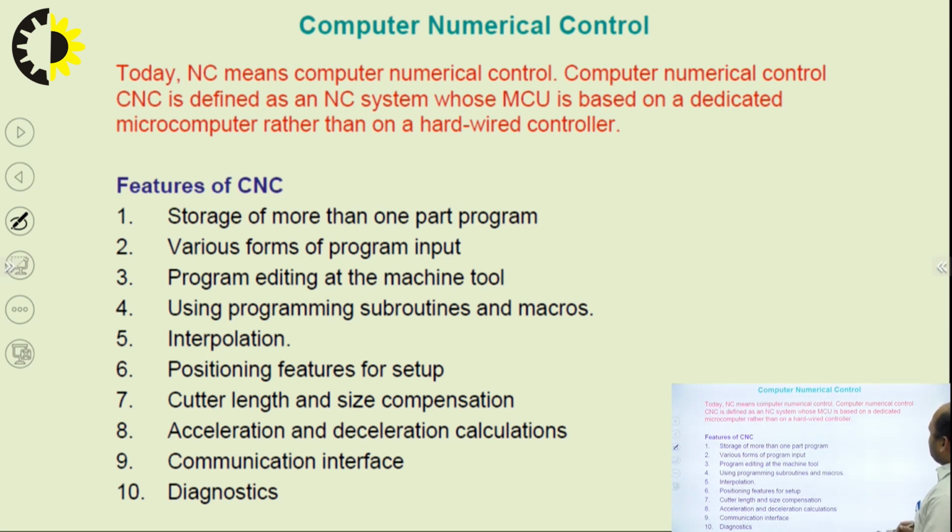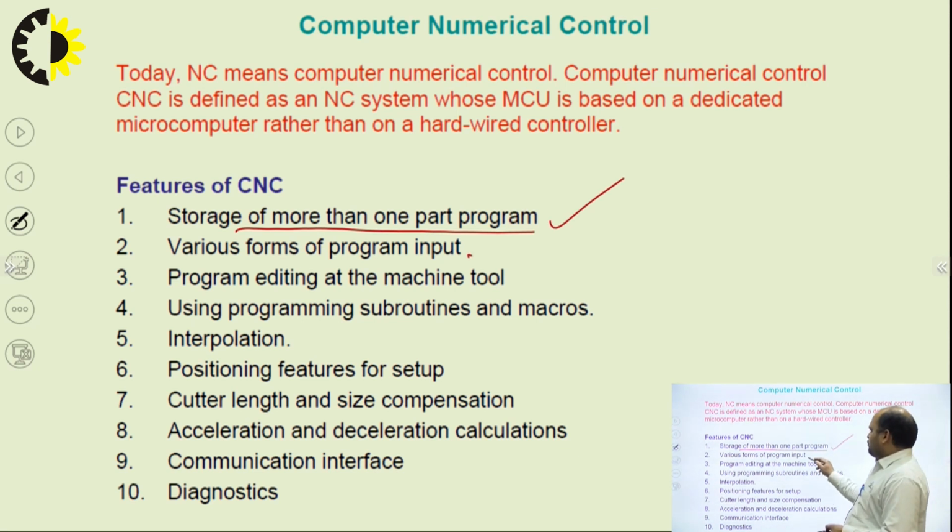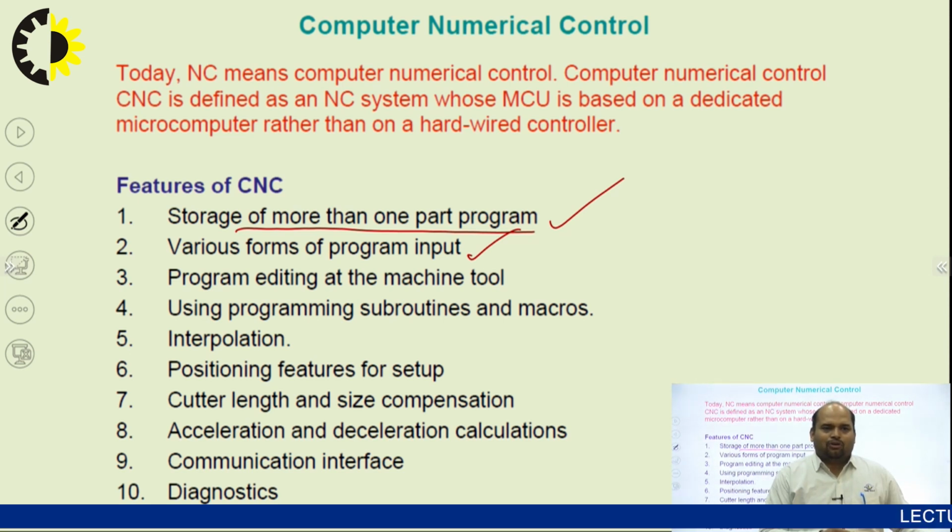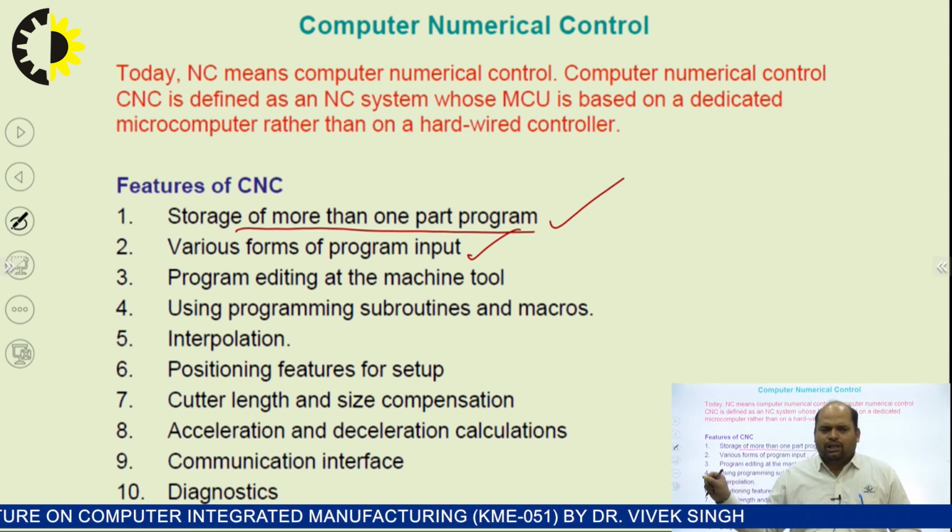Talking about the features of CNC machines, an important feature is storage of more than one part program, and various forms of program input can be given. Program editing is also very easy in a CNC machine. We can easily edit the program in the computer system or through the machine control unit. With numerical control machines it was very difficult, because a punch hole or alphanumeric code had been generated.